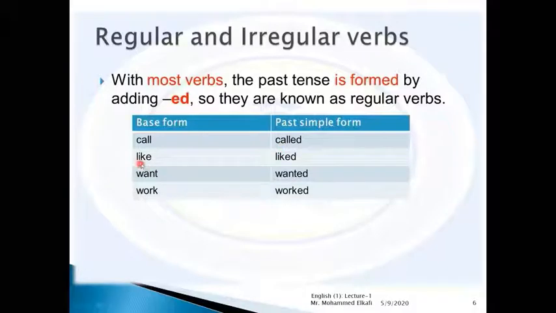Like, the base form, the past is liked. Want is the base form, wanted is the past simple form. Work is the base form, and worked is the past simple form.